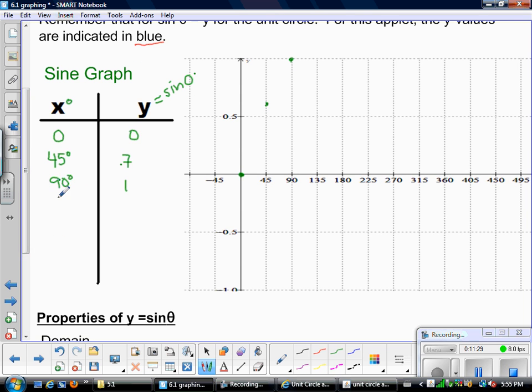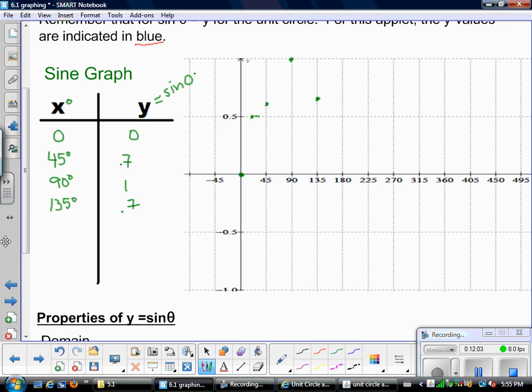So if I add another 45, we know that we're at 135 degrees. 135 degrees is also 0.7, which is approximately there. Now this isn't a straight line, it is an actual curve if we actually did some more points in between, because you know that, for instance, sine of 30 is a half, which is approximately in here.